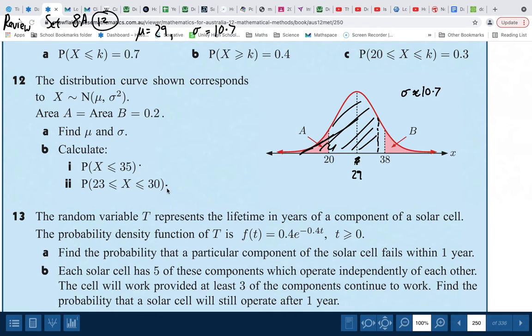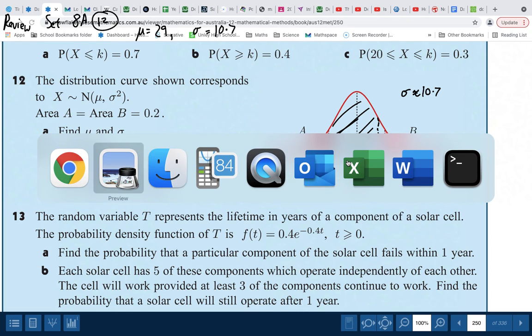And to do this one, your upper and your lower are given. Your lower is 23, your upper is 30. Put in your mean, standard deviation, and you'll get the probability. And you can do a bit of an estimation. You know that that's 60% in this diagram. Well, this value is going to have to be a fair bit smaller than that. It's in the middle. Maybe I'd be looking at about 30% or something. Okay. We might end there.